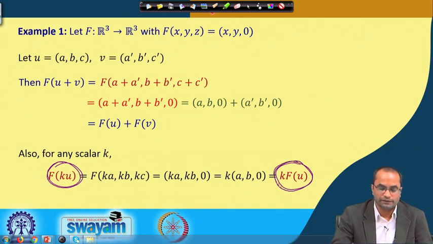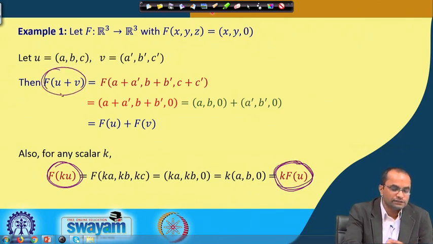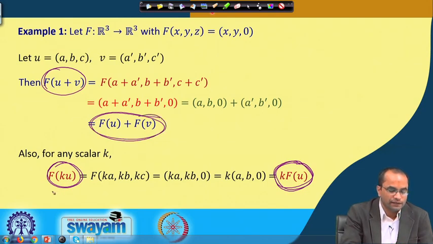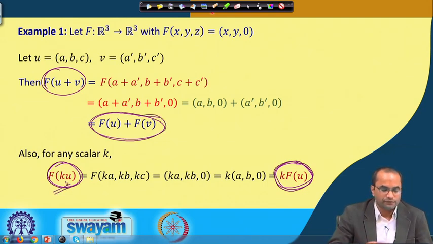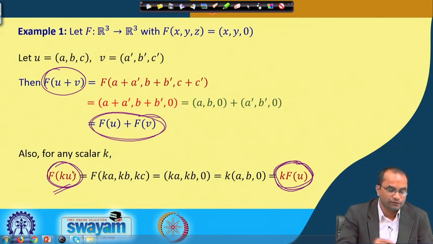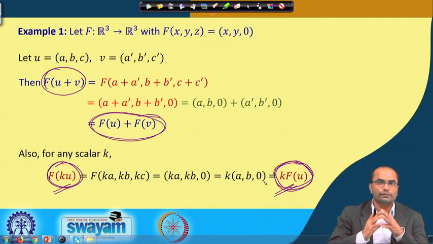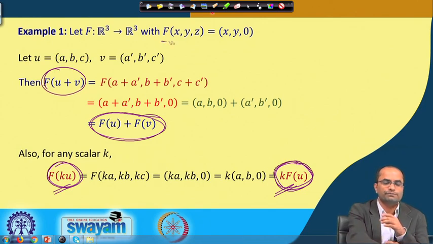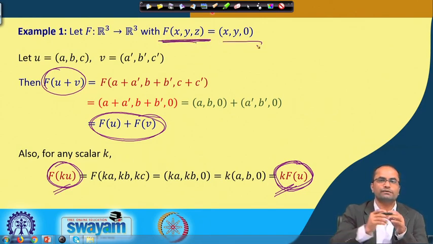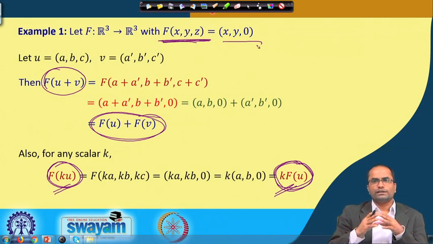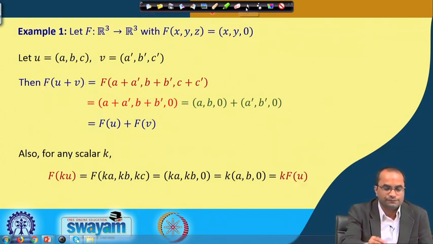So, both the conditions, f of u plus v equal to f u plus f v, and also f of k u equal to k times f u, are satisfied. Both the properties of the linear map are satisfied, and therefore, this given map which maps the point (x, y, z) to (x, y, 0), a projection map, is a linear map, which we have just proved here.